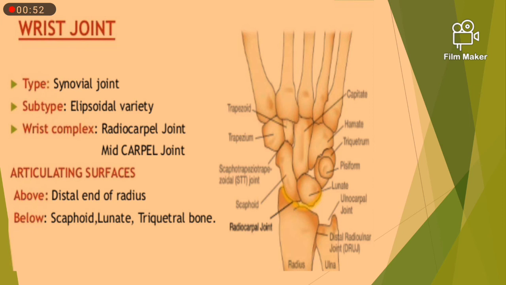Now the articulating surfaces in the case of the radiocarpal joint are the distal radius and, below, the scaphoid, lunate and triquetral bones. Here you can see proximally the radius, and distally the scaphoid, lunate and triquetral bone.